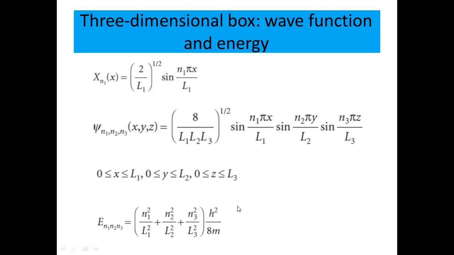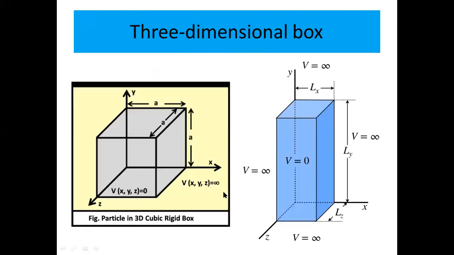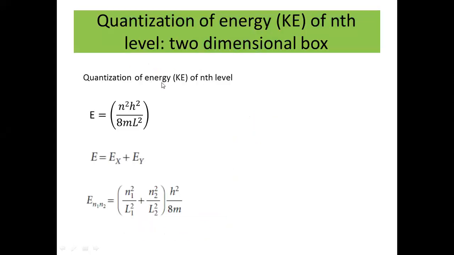And what would be the total energy? The total energy would be the sum of the energy along the x-axis, y-axis, and z-axis. The same equation that we use for the particle in a one-dimensional box, n squared h squared over 8mL squared, applies here, just as we did with the particle in a two-dimensional box.